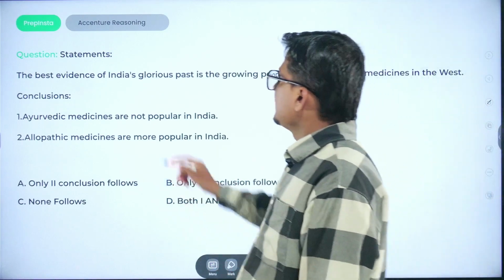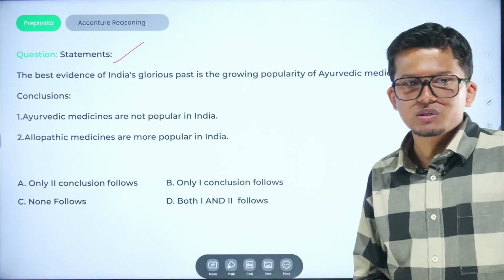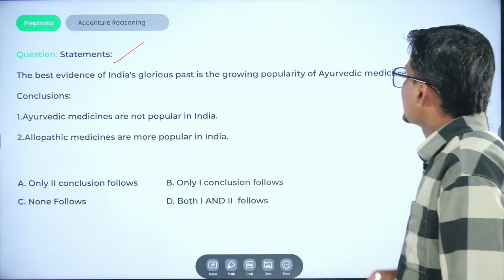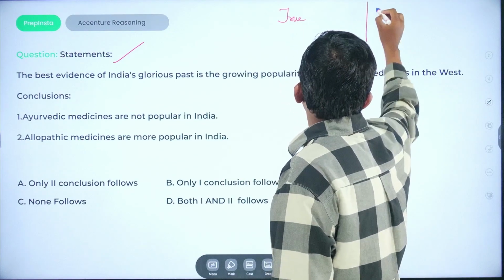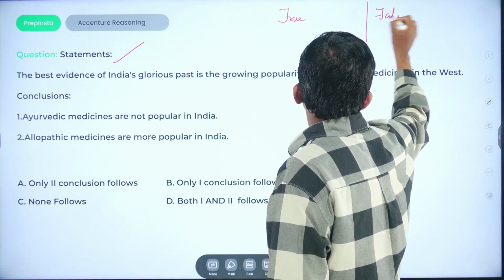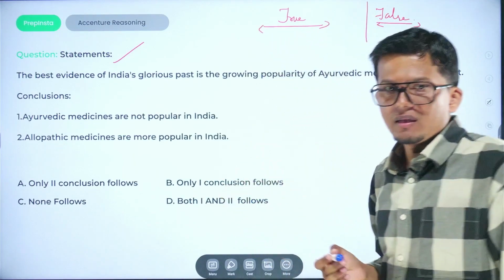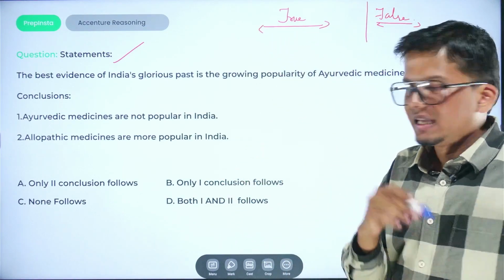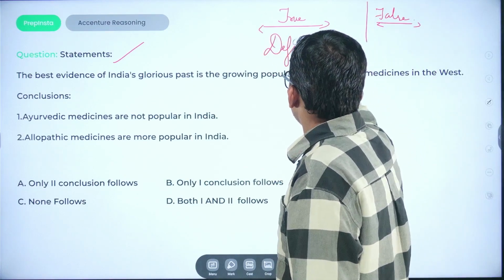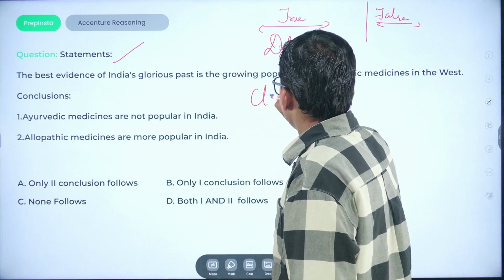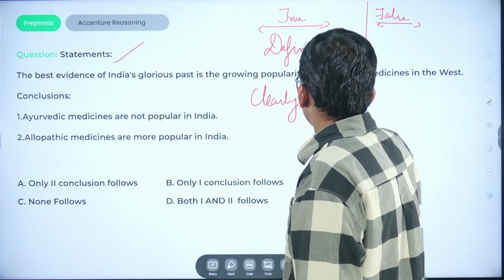Now coming to the next particular topic. It is a statement and conclusion based question. So what would be the true statement, the true conclusion, and whatever the false conclusion would be? Always remember, whenever the conclusion written is definite or clearly mentioned, when we are very sure about it, then it would be a right conclusion.